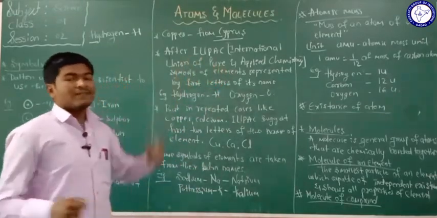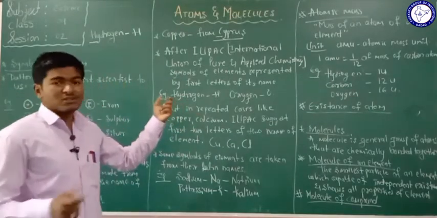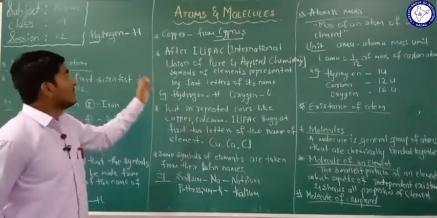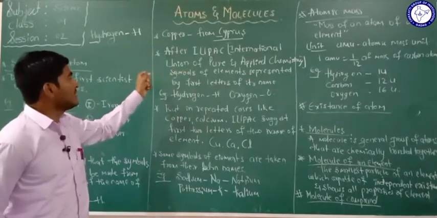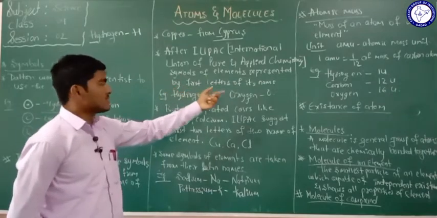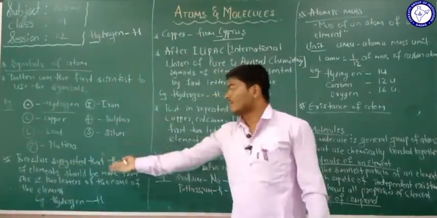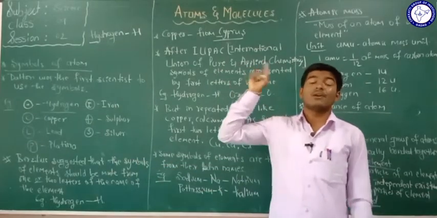It is one of the international chemistry associations, which suggests that symbols of the elements be represented by the first letters of their names. So IUPAC also follows the rules of Berzelius to represent the symbols of the elements.